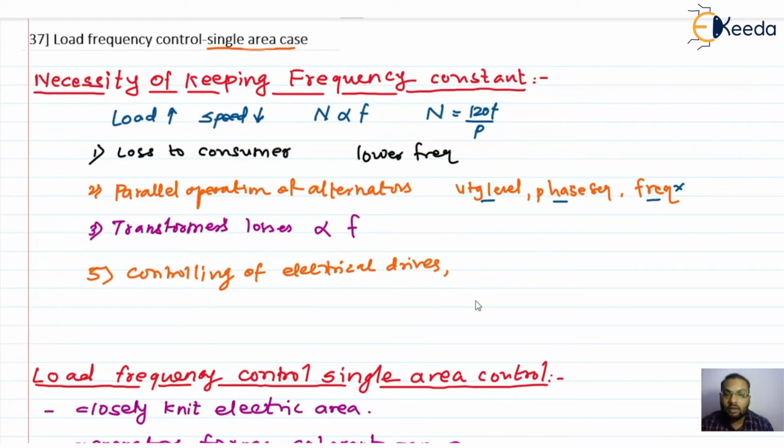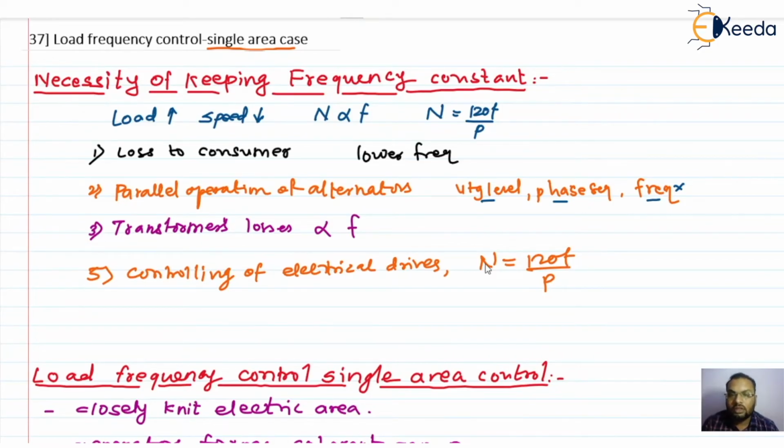Because as I said, the speed of the electrical drive depends on the formula 120f/P. The number of poles we cannot change once the machine is manufactured, and 120 is a constant. We need to maintain the frequency constant. If it is varying, the speed will also vary.